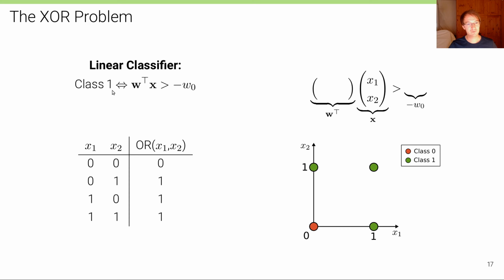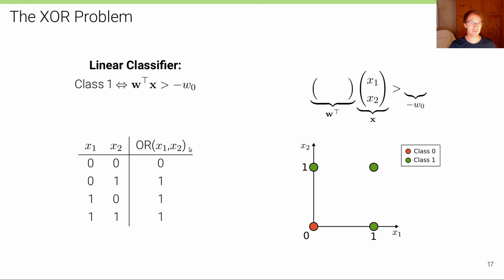So we're deciding for class 1 exactly if the inner product between the weights W and x is bigger than minus W0, the bias term. Okay, so we have a two-dimensional space, which means that we have 4 possible inputs: 0,0, 0,1, 1,0, or 1,1.